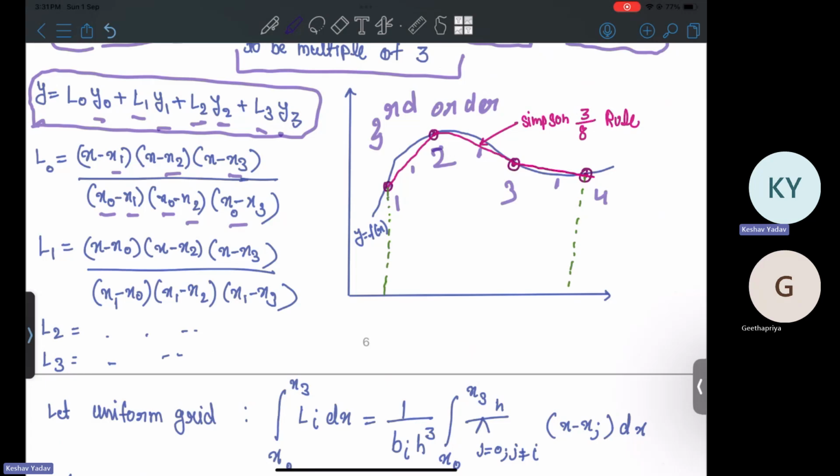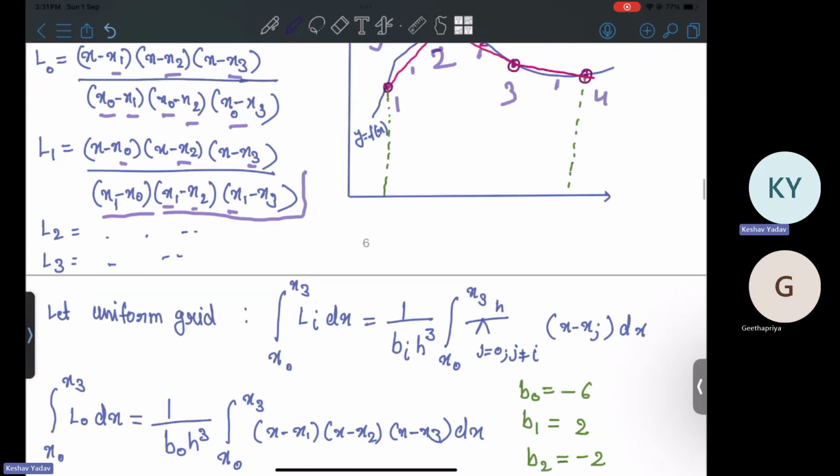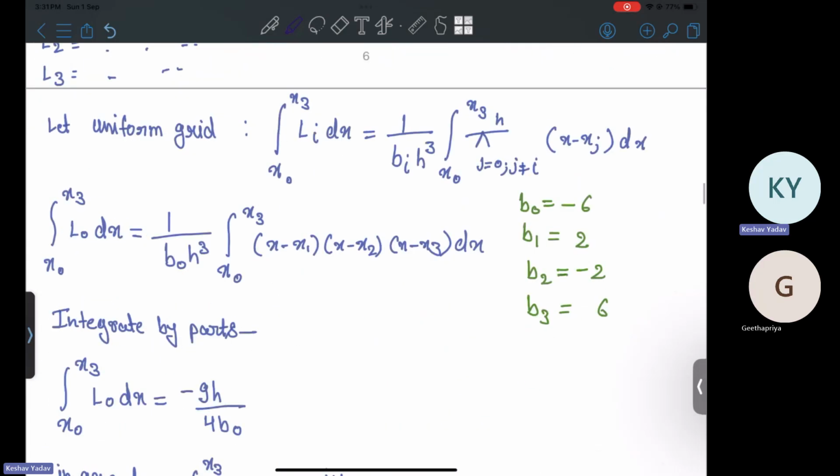Similarly, L1, if I write, in the numerator the x1 term will not be there, and in the denominator every term will have x1 as the first term. So x minus x0 multiplied by x minus x2, x minus x3. Similarly, in the denominator x1 minus x0, x1 minus x2, x1 minus x3. Similarly, L2 and L3 you can write. Here we are assuming a uniform grid.